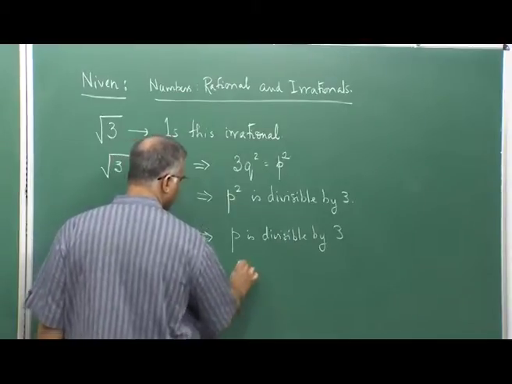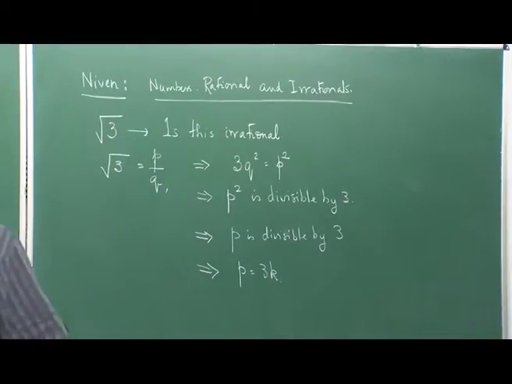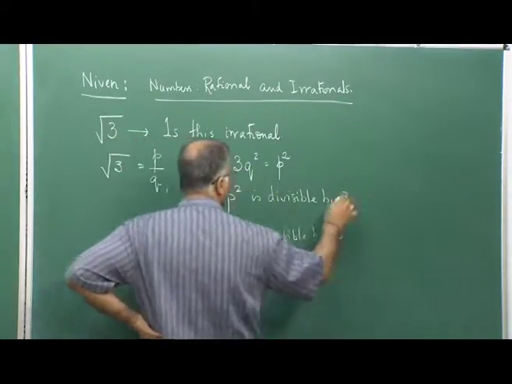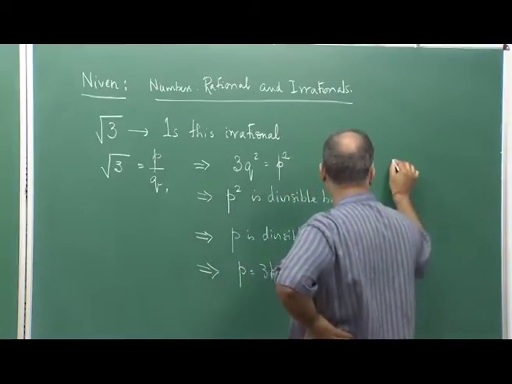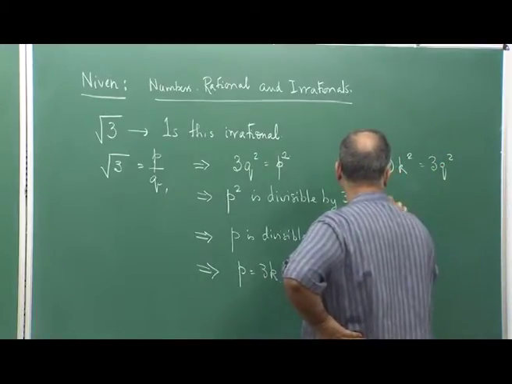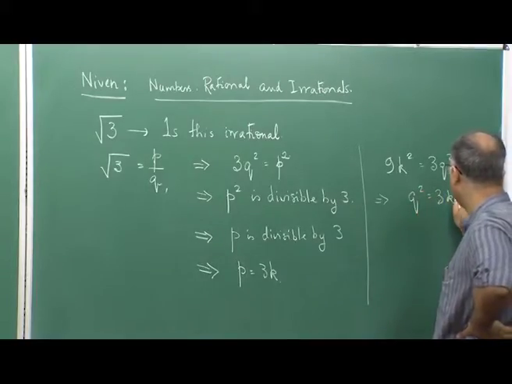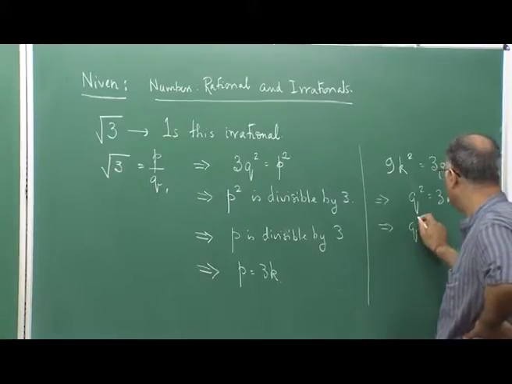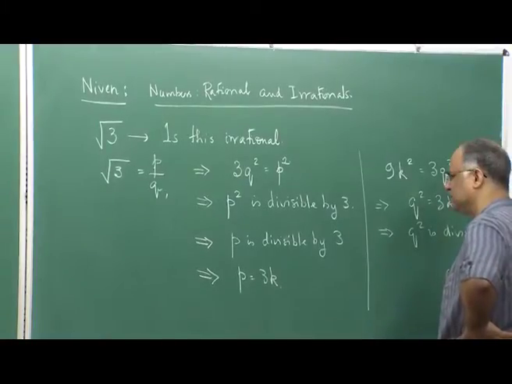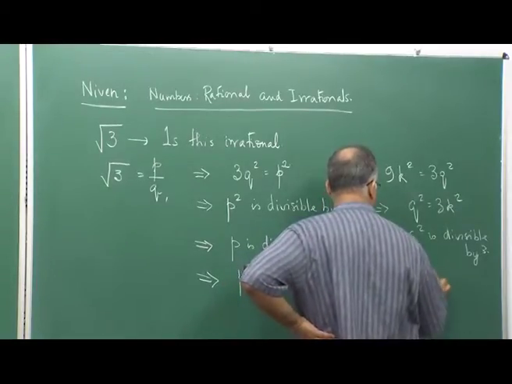So, that implies that P can be expressed as 3 times some K, say. 3 is the quotient when you divide P by 3. If I put this in this equation, you will have 9 K square is 3 Q square. That would imply that Q square is 3 K square, which implies that Q square is divisible by 3, and hence Q is divisible by 3.